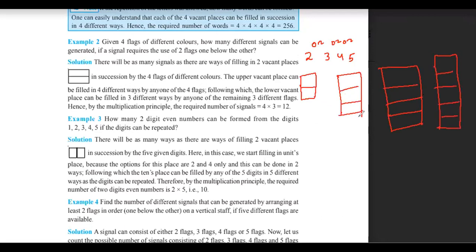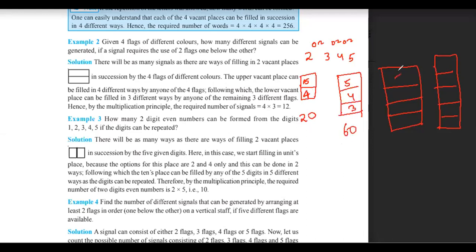Okay, got it? Now let's think. If we have 2 flags only, for first, how many options? 5 options. For second, how many options? 4 options. How many total options? 5 into 4, which is 20 options. Now second one, again 5 options, 4 options, 3 options. How many options? 60 options.